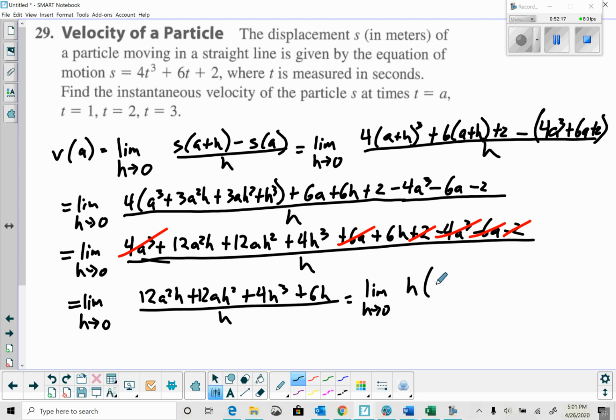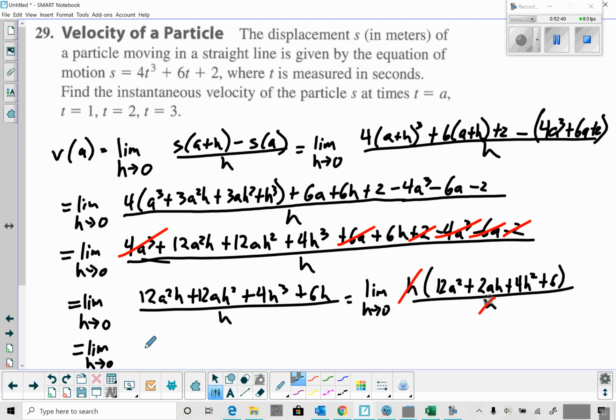So that'll knock that down to 12a squared plus 12ah plus 4h squared plus 6, all over h. Slash those away. So we get 12a squared plus 12ah plus 4h squared plus 6.